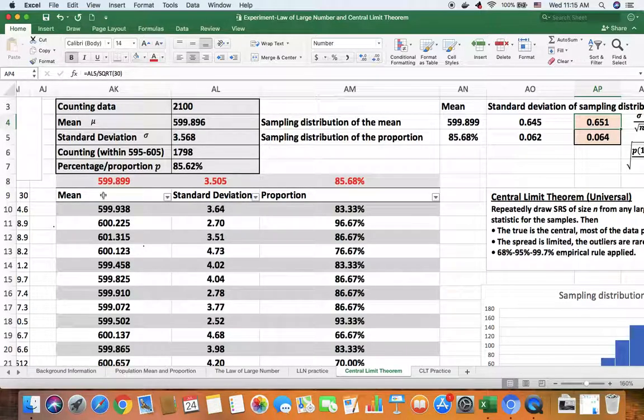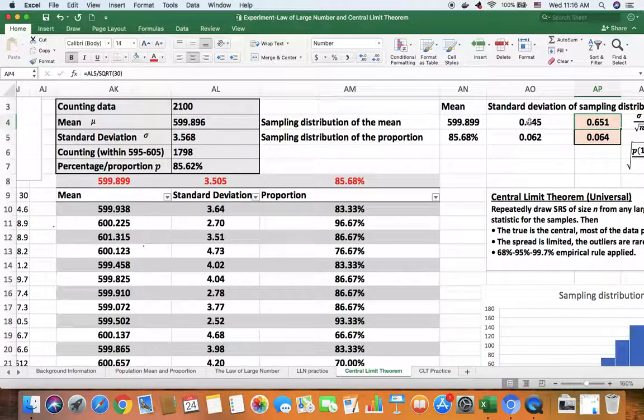Then we calculate the mean of this column and the standard deviation of this column. Theoretically, this value will be exactly equal to the population mean.